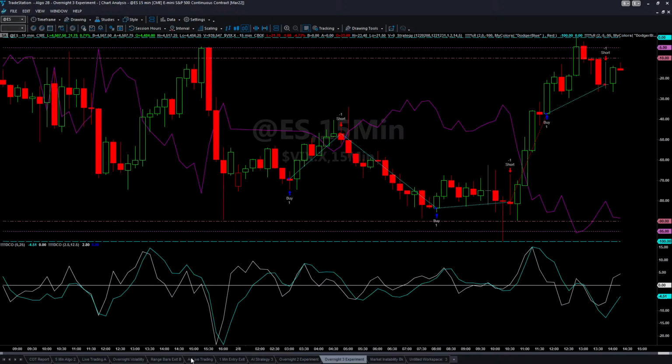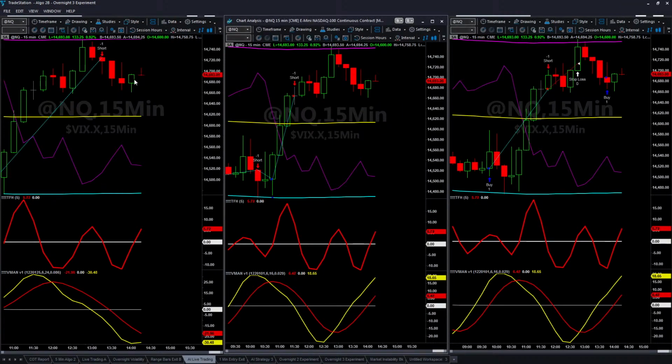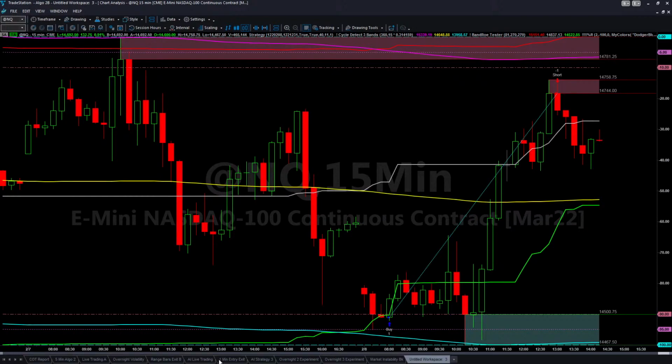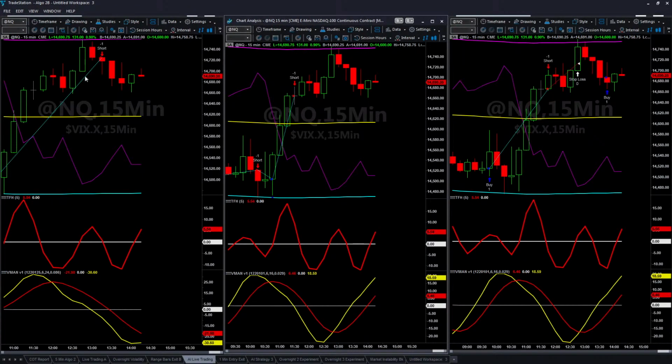And as far as our trades go, no signals right here. None there, none there, and none there. Okay. This trade still has a long way to go to the bottom right there before we actually get any significant sign that it is over.